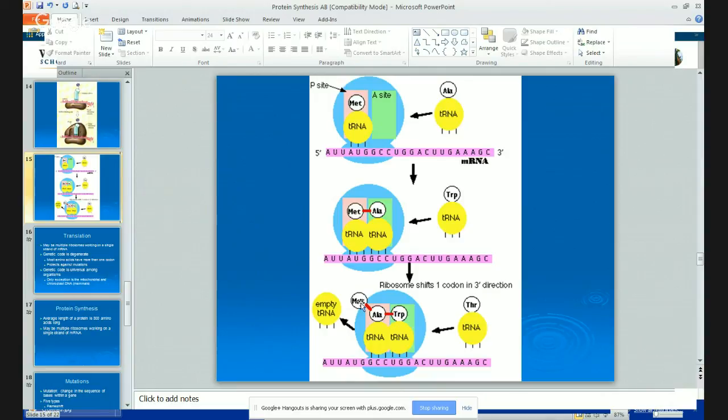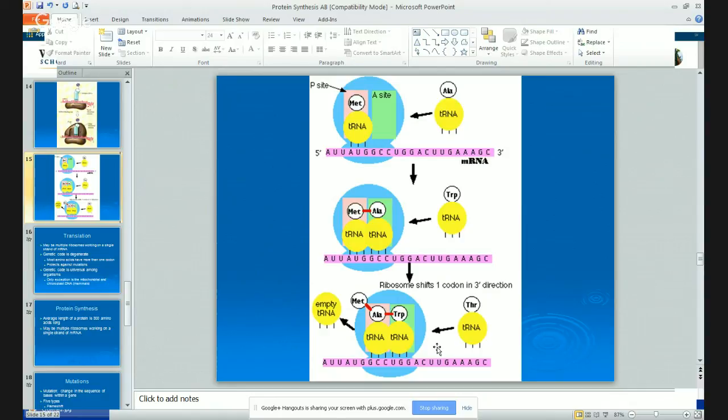And you can see that you're starting to build your protein because it's just a sequence or a chain of amino acids. And then you're just going to keep going and adding more and more until you get to a stop codon, in which case you'll be done.